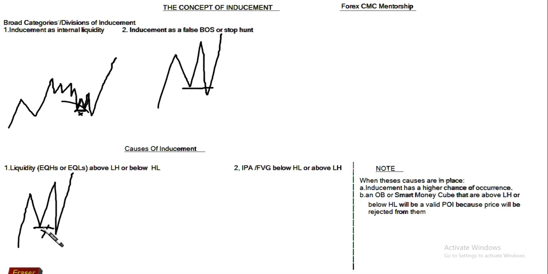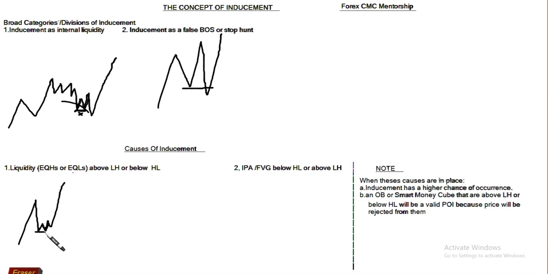Below this, let's assume there is an equal low. Let's say you have something like this, then you have something like this, and price moves higher. Now let's say you have something like this, then price moved higher.